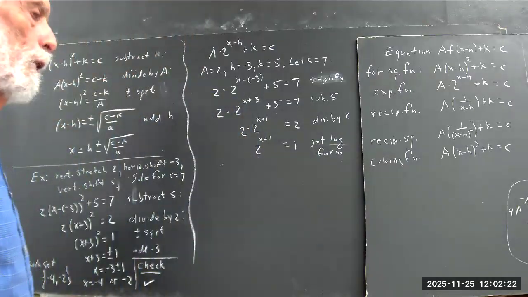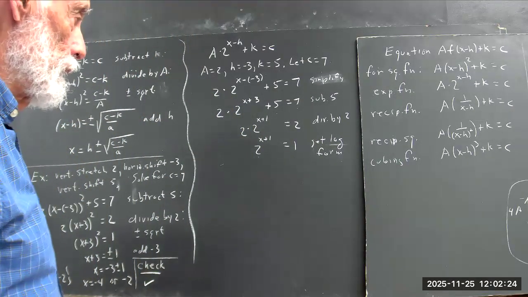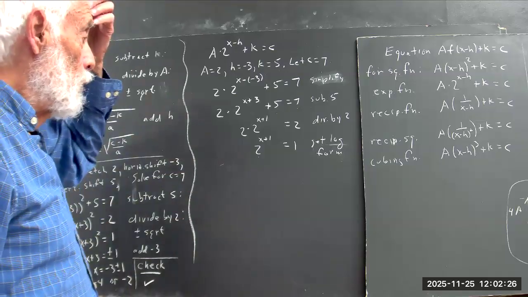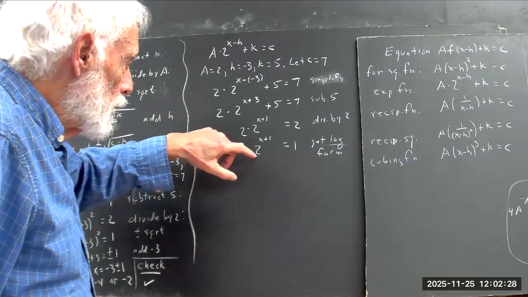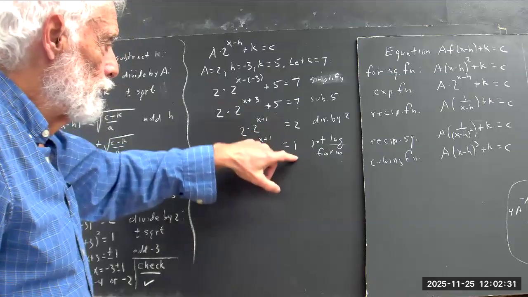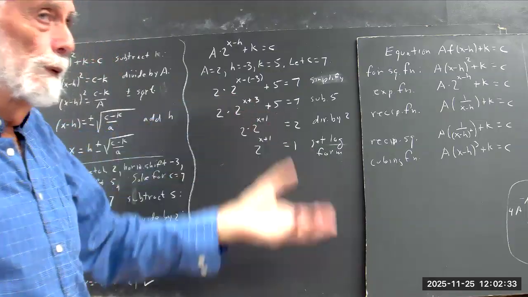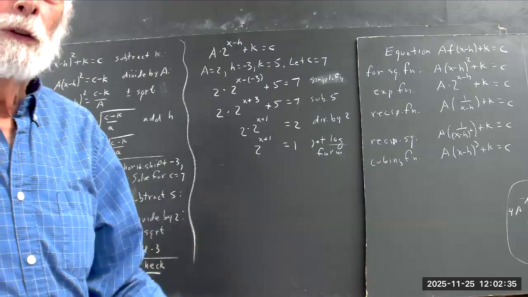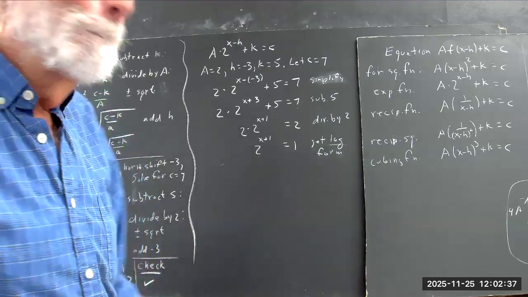We change this to log form. Now that really isn't necessary in this case. We know that 2 to the 0 equals 1, so x plus 1 has to equal 0, but we're not going to use that, okay?